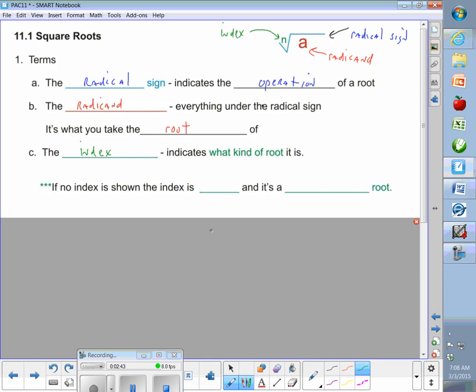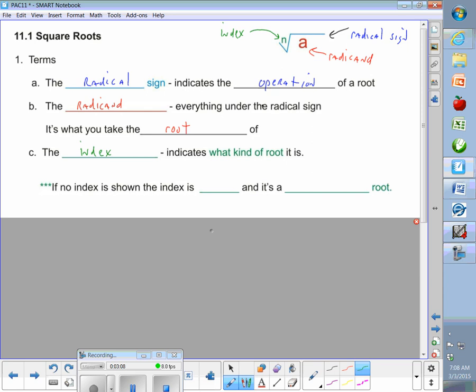And what does the index do? The index indicates what kind of root it is. There are all different kinds of roots. You can take a square root, a cube root, an eighth root, a 12th root. No root canal, thankfully, but you can take all kinds of different roots. And so the index tells you what kind of root it is.